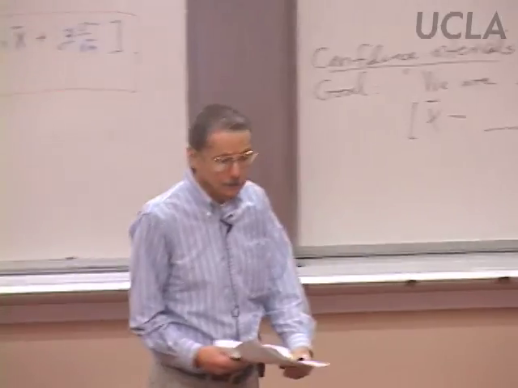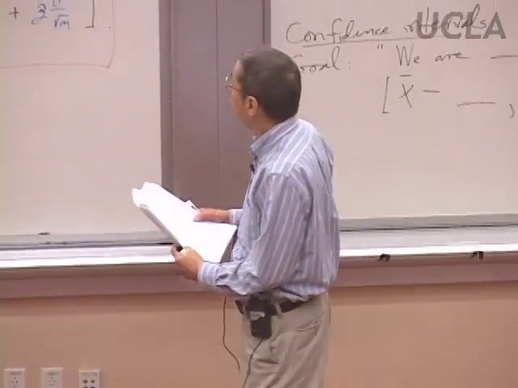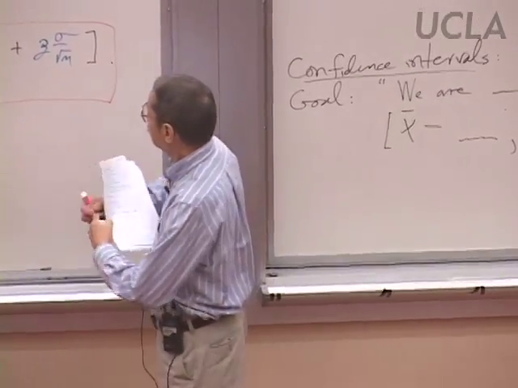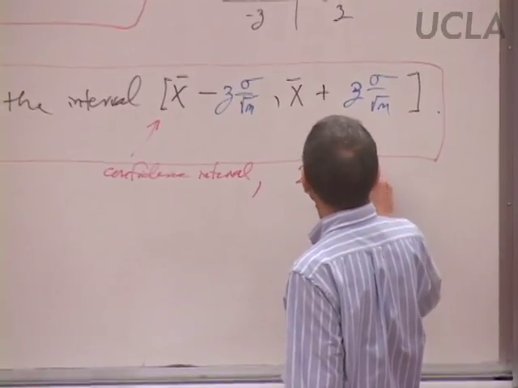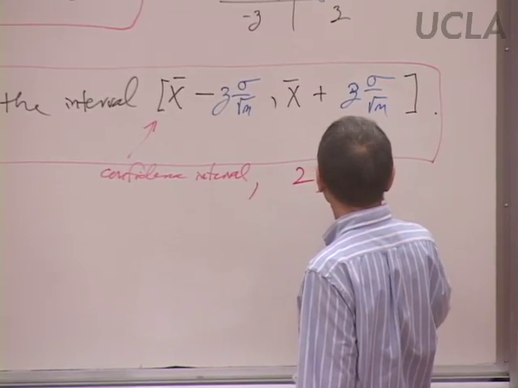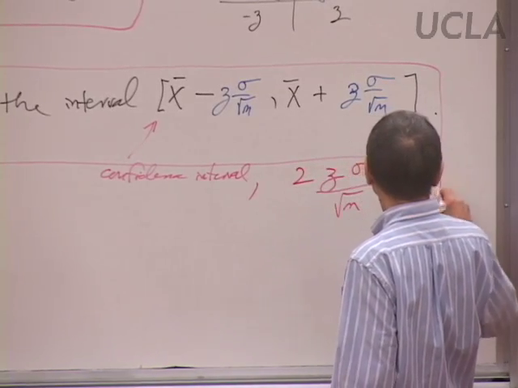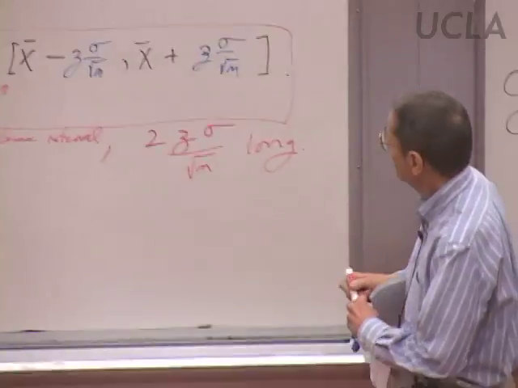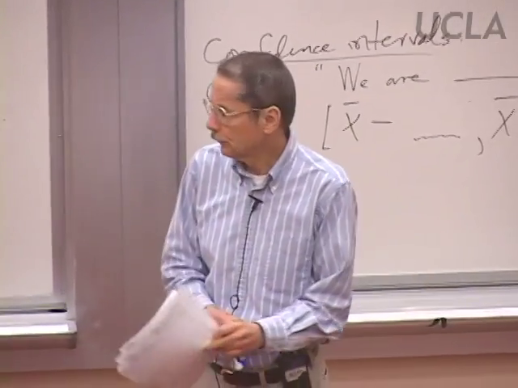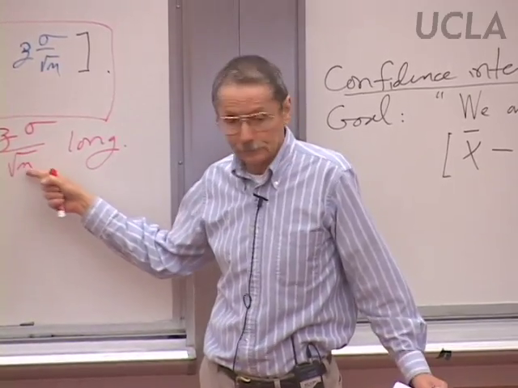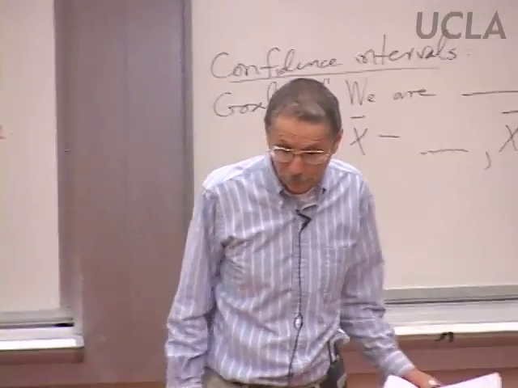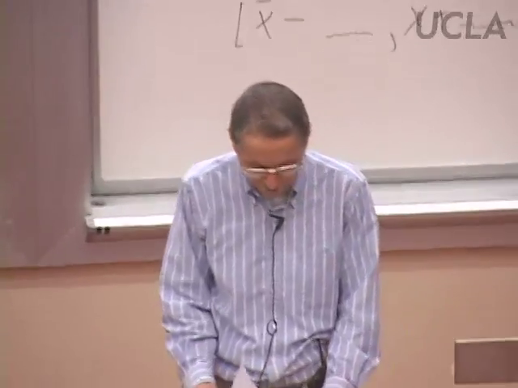It's an interval centered at x bar, and it's 2z sigma over the square root of n long. Well, so if we want the interval to be short, we'd like to have a large sample size here.